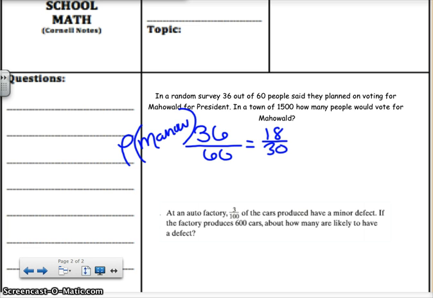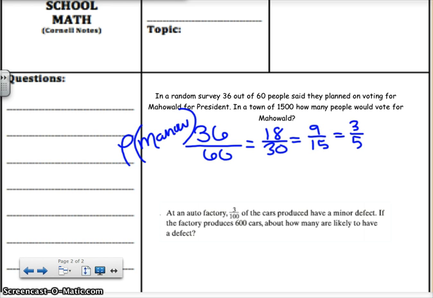Again, can simplify it. 9/15. Oh my, I can simplify it. See how I simplify it? I just keep chopping them down until I can't do it anymore. What would this be? 3/5. So the probability of somebody voting for me, according to this survey, is 3/5.